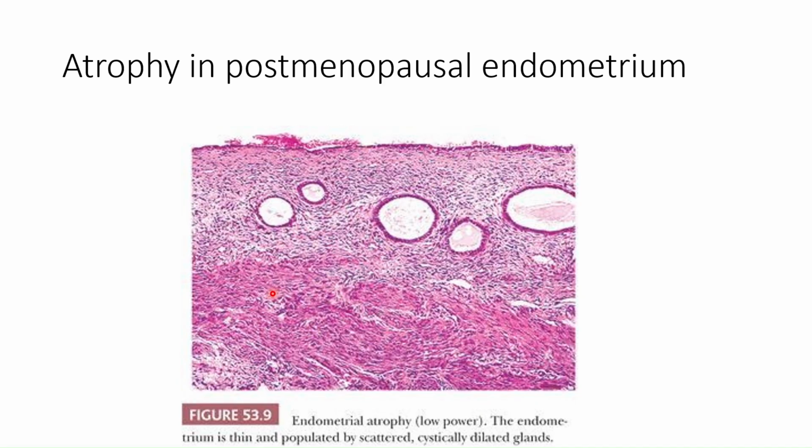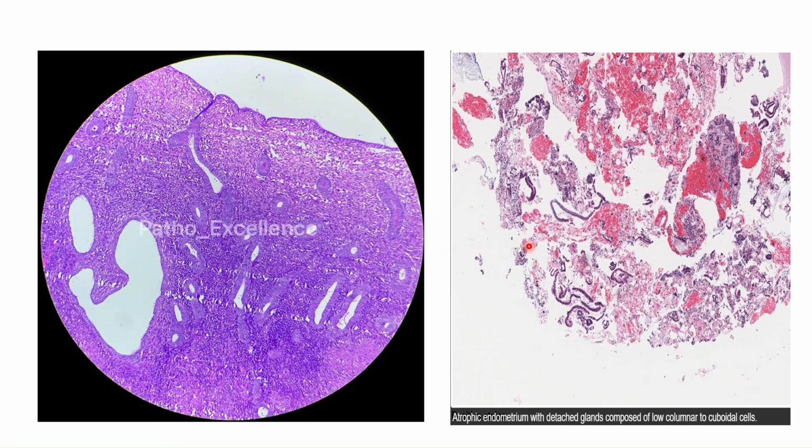So here you can see surface epithelium. This is the endometrium and myometrium. So this is endometrium, where here it is very thin and populated by scattered cystically dilated glands with atrophied epithelium.